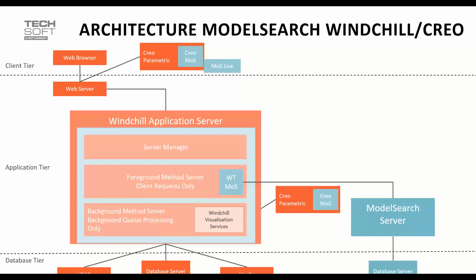I tried to answer some of them so far because we got several questions regarding the architecture of ModelSearch in combination with Creo Parametric and Windchill. What you can see here on the slide is more or less the architecture, and everything you see here in this dark orange color is a standard Windchill Creo implementation, which we see at 99% of PTC customers worldwide.